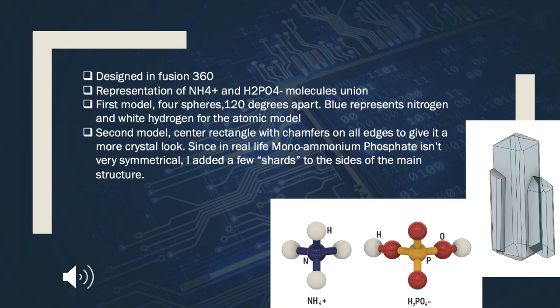Since real life monoammonium phosphate isn't very symmetrical, I added a few shards to the sides of the main structure to produce a nice crystal look, and I painted it blue, changing the transparency a little so it will have a nice view when you print it out.